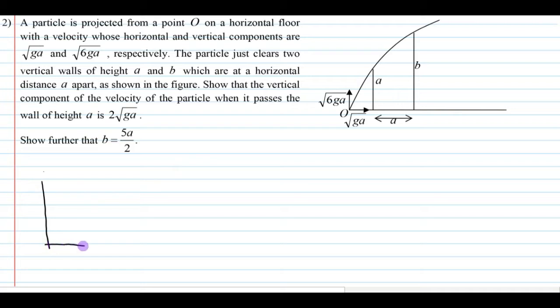Particle is projected from O. Vertical component of velocity is root 6ga, and horizontal component of velocity is root ga. Then the particle passes the two vertical walls, heights a and b.